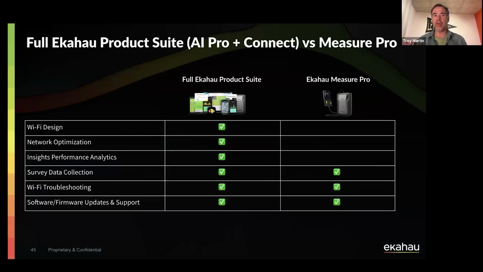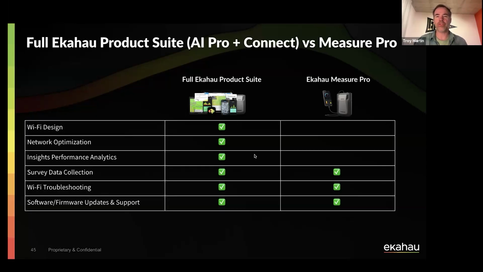So just a comparison of some of the different features here. If you were to acquire the full Ekahau product suite, so Ekahau Connect, giving you access to the desktop application, Ekahau AI Pro Online to do the full design analysis, basically, and use the tools in the mobile application, right? So you have the full features, full functionality, right?